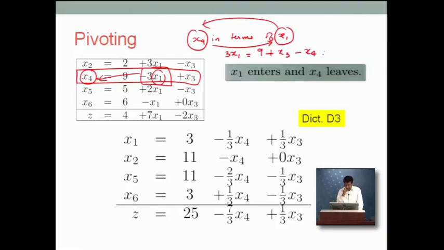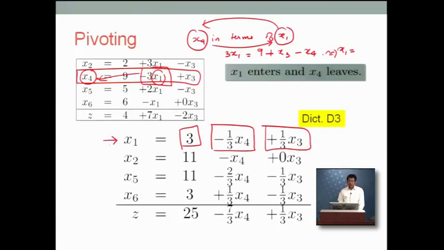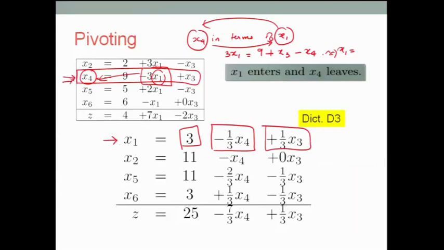If that's taken care of, then you immediately get x1 is 9 by 3, 3, minus 1 by 3 x4 plus 1 by 3 x3. So this is the first row that we create by inverting this row in the original dictionary, and then wherever we find an x1, here, here, and here, we substitute this expression. Once we substitute it, we get this new dictionary.